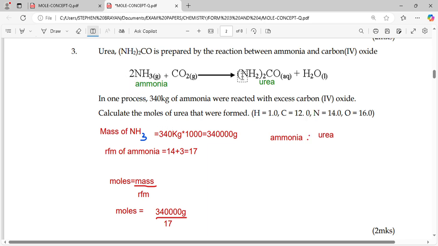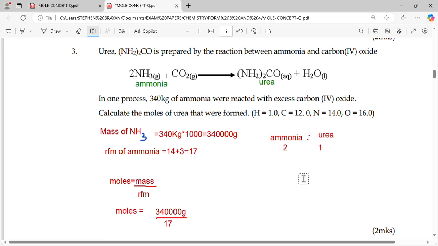Before ammonia is 2, before urea there is nothing. So that means the mole ratio of ammonia to urea is 2 to 1.